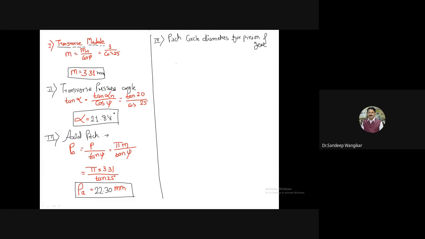I will write dp is equal to zmn, taking it for pinion, so zpmn divided by cos of psi. You will get the value for dp. Similarly, dg is equal to zgmn divided by cos of psi. Substitute the values here and tell me the value for dp and dg.